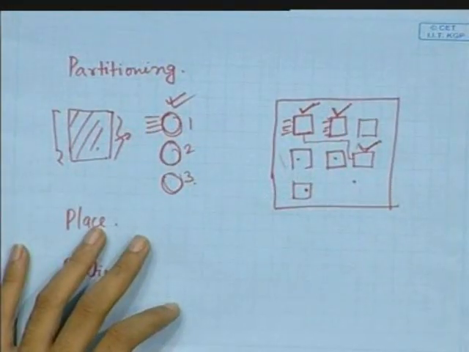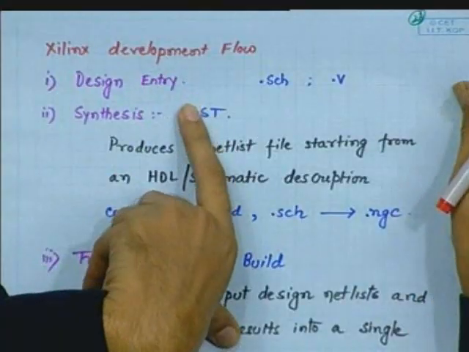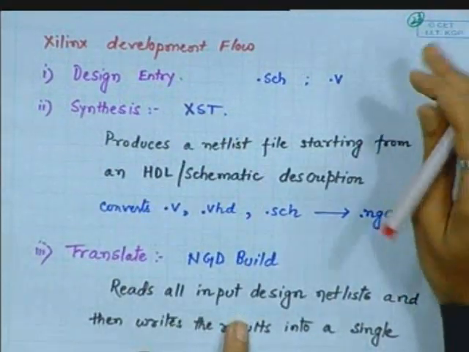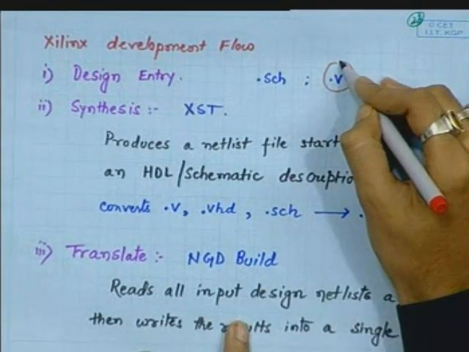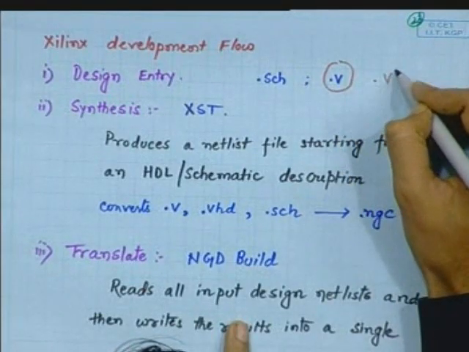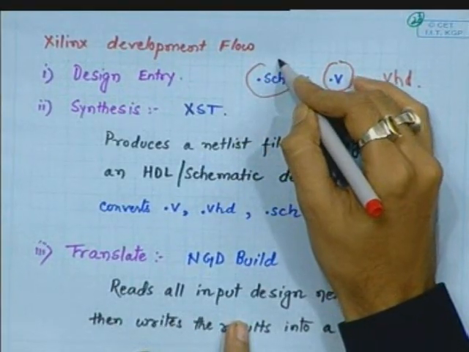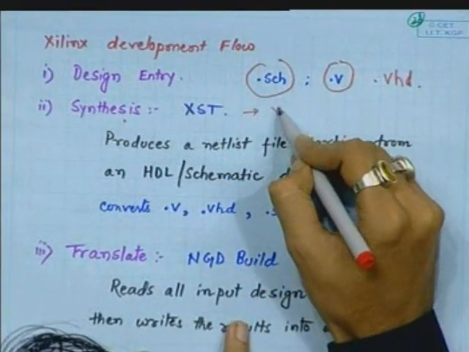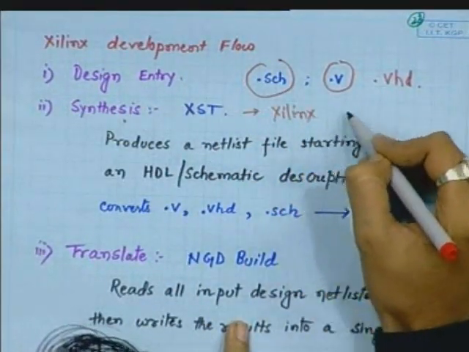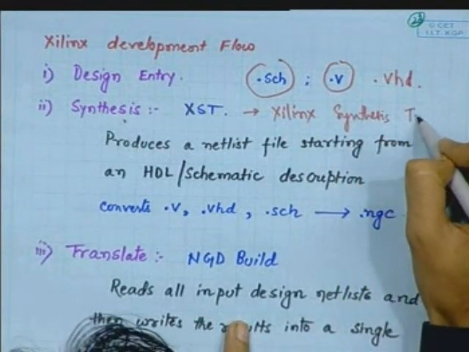Now at the design entry, what do we provide to ISE? To ISE, we can give a Verilog file, a VHDL file, or a schematic file. The synthesis is done by the Xilinx synthesis tool.